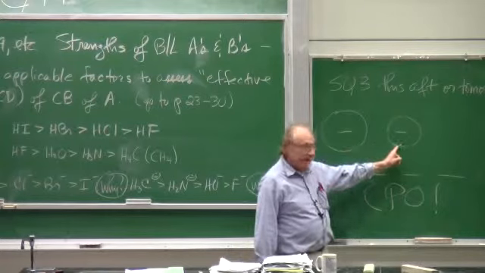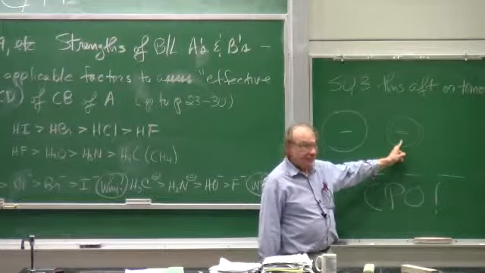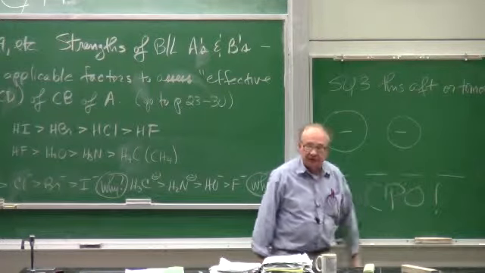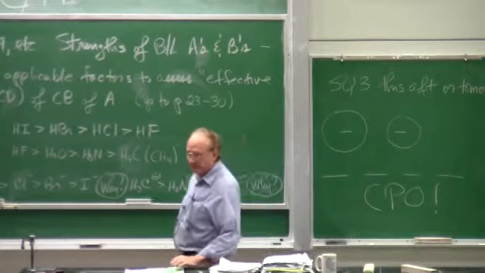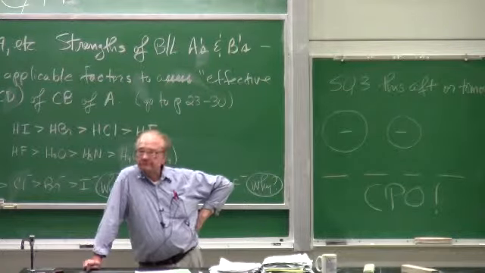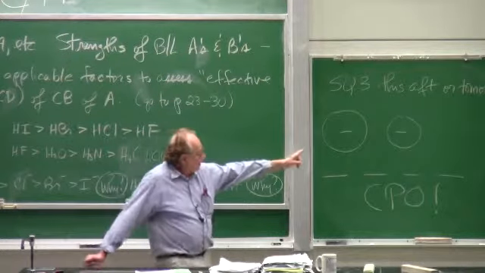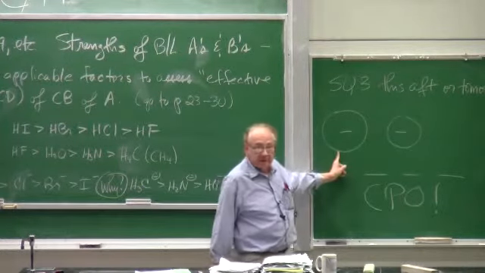This is a single minus anion. That's what this signifies. Based on charge to size ratio, which of these is the weaker, more stable base? Based on charge to size ratio. The bigger one. Because charge to size ratio here is smaller, right?